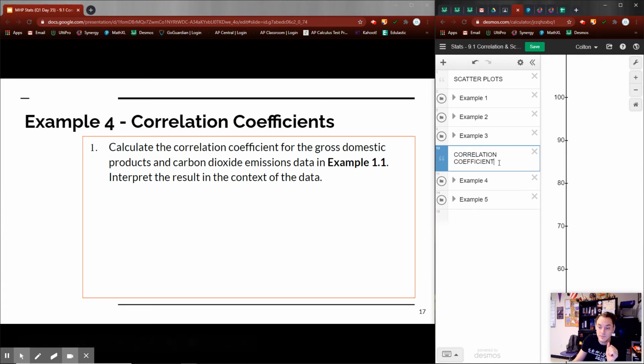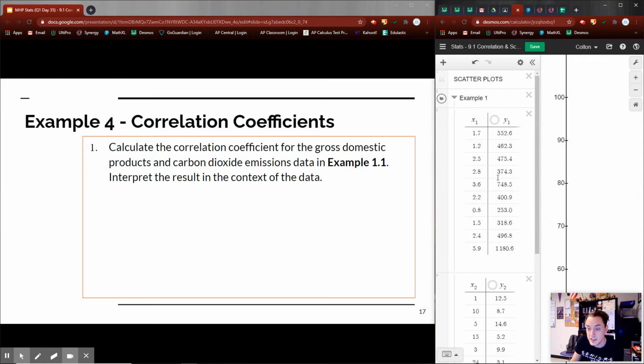Are you ready? Calculate the correlation coefficient for the gross domestic products from example 1.1. So I'm going to use example 1.1. I'm going to look at this table. This was example 1.1, the gross domestic products right here.